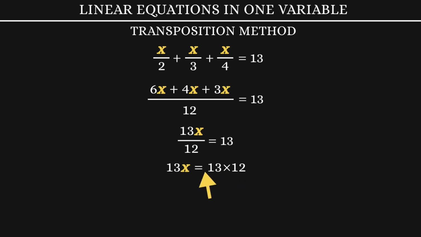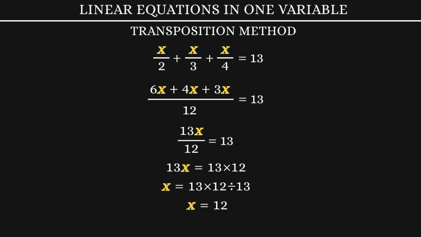Then let's move the 13 to the other side. Multiplication to division. x is equal to 13 into 12 divided by 13, which results in 12. x is equal to 12 is the solution for this equation.